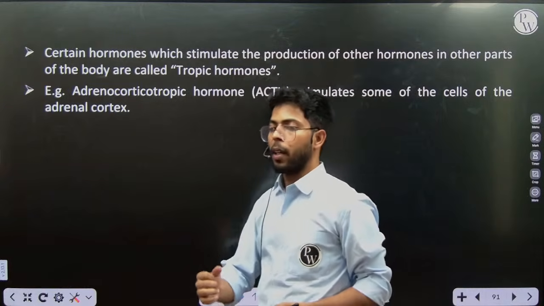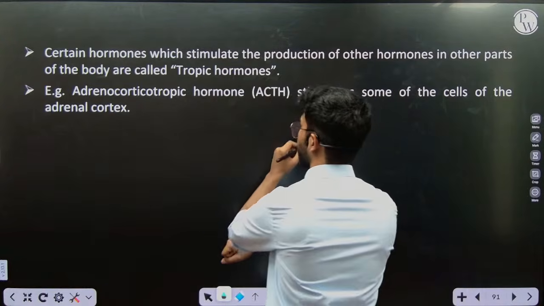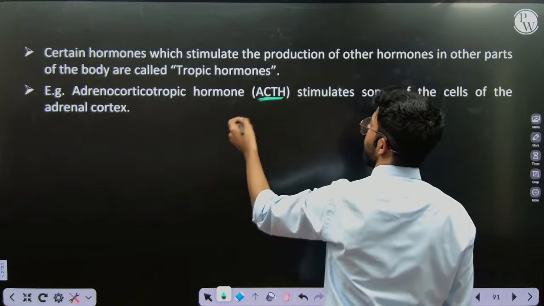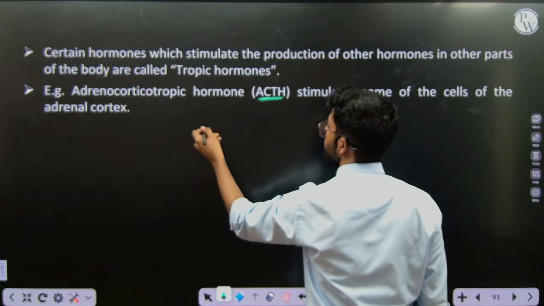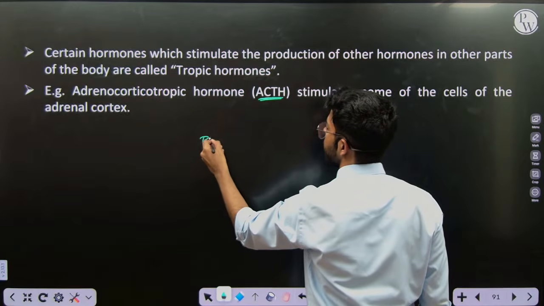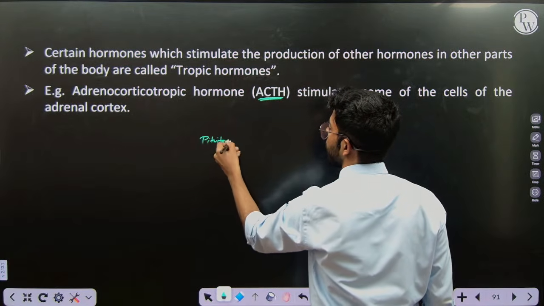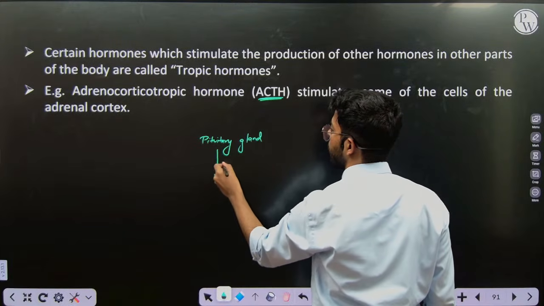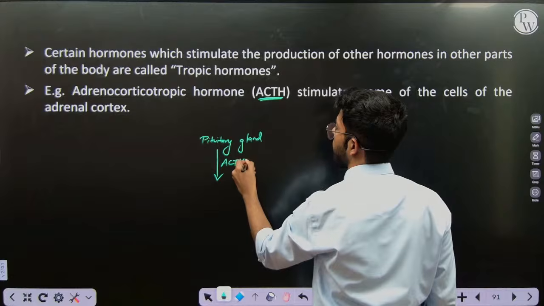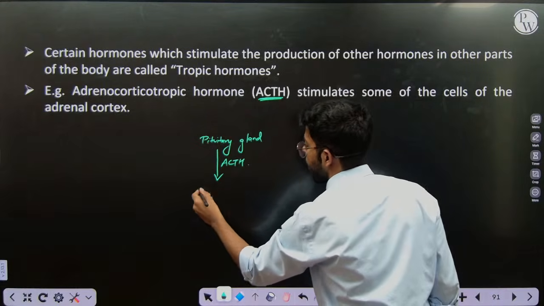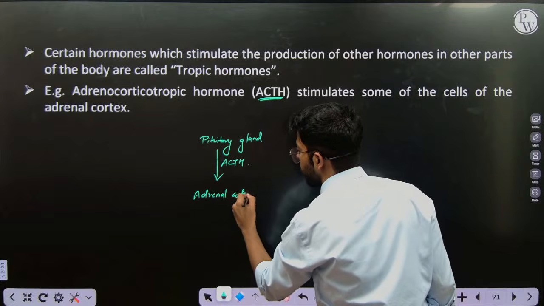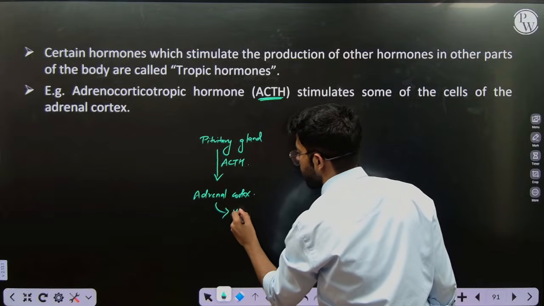Now, what are tropic hormones? For example, ACTH. ACTH is released by the pituitary gland, but it acts on the adrenal cortex, and it will also release hormones.